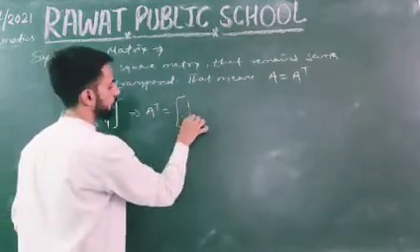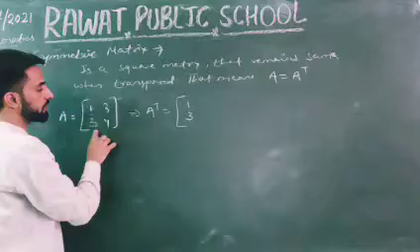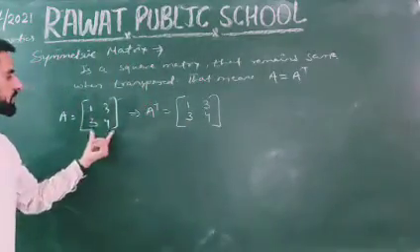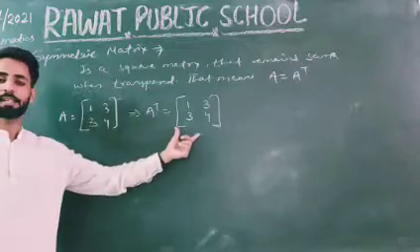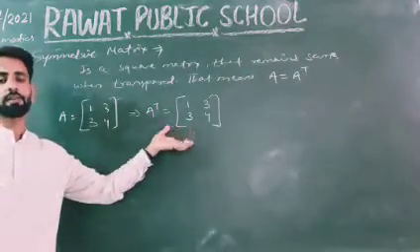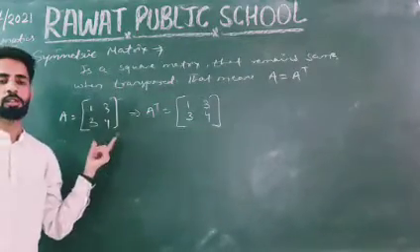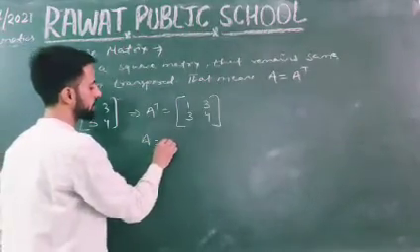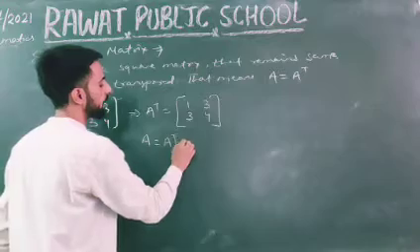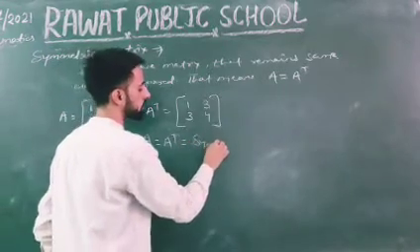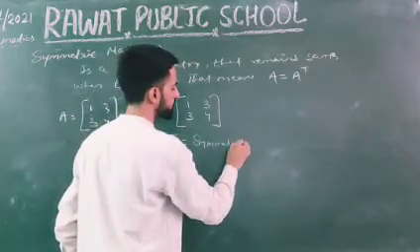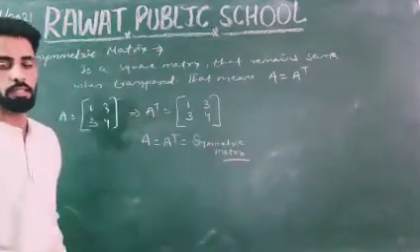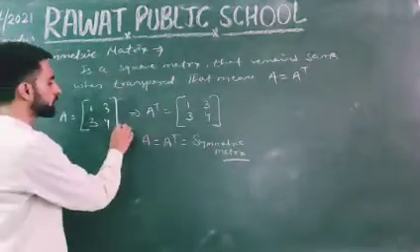It will become the first column. 3, 4 is the second row. It will become the second column. Now if you compare these two here, these two are exactly the same. Even after transposing the matrix, the original value is not going to change. These two are the same. In that case, A is equal to AT. And this will be called a symmetric matrix. Correct? So this is the order of 2 by 2.